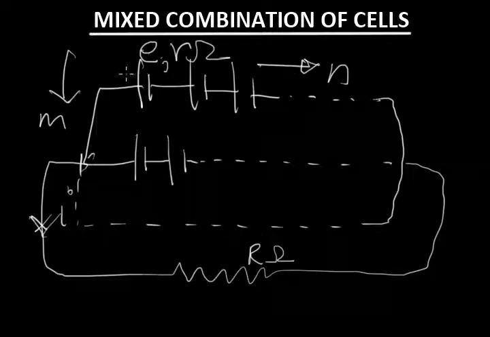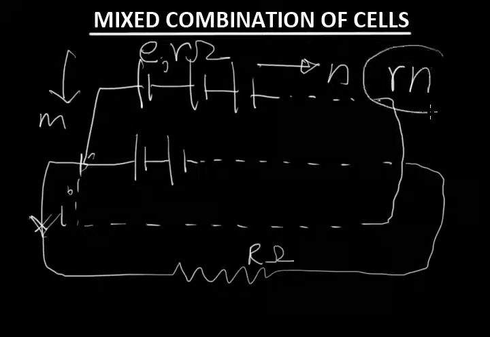You see in this chain, all the resistances are in series. So for each chain, we have a resistance of r into n. I hope it is clear to you all that for each chain, we have a resistance of nr. And then how many rows are there? m. Say for example, we have two resistances small r connected in parallel.